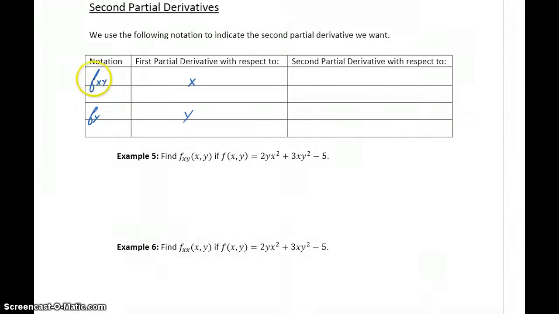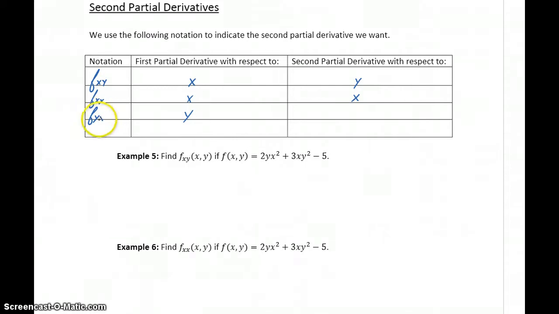For instance, y. So if we have f sub xy, first we would differentiate with respect to x, and then the second partial derivative would be with respect to y. Similarly, if we had f sub xx, we would take the first derivative with respect to x, and the second derivative with respect to x.